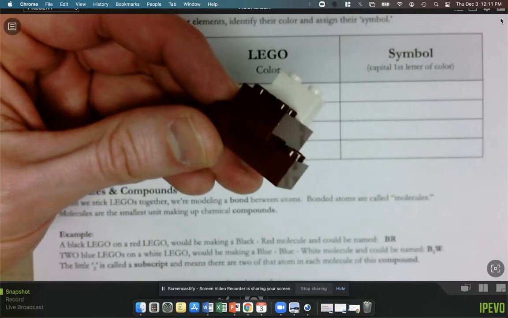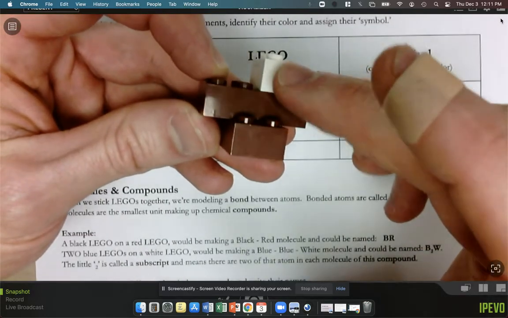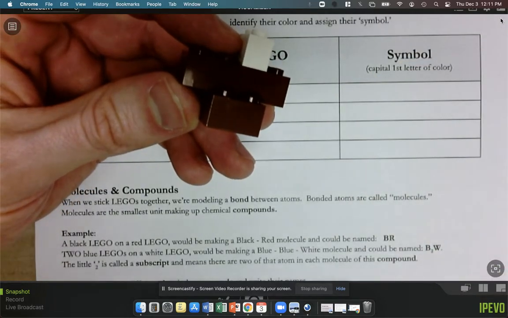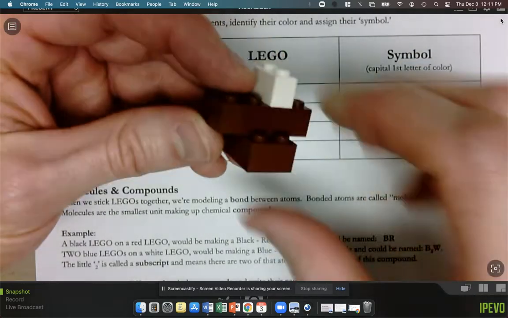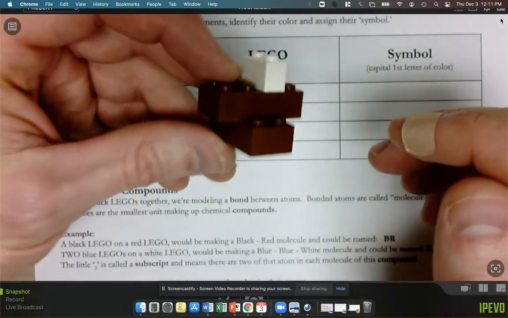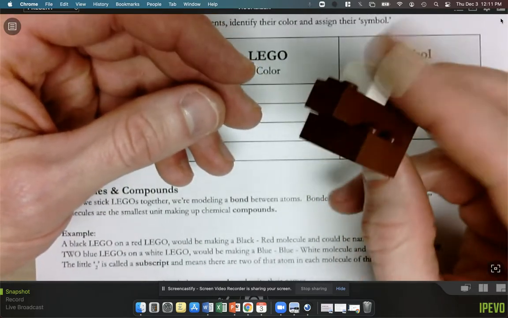Compound. Why is it a compound? Because there are different elements attached to these. We have two different ones. Let's say if you had a different color attached, whether it was red, yellow, blue, it'd still be a compound. But we could also call that a molecule as well, because there are simply things attached to one another.